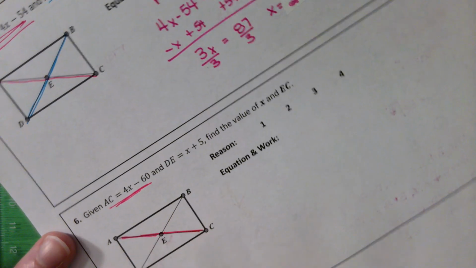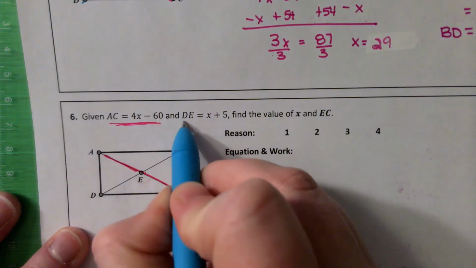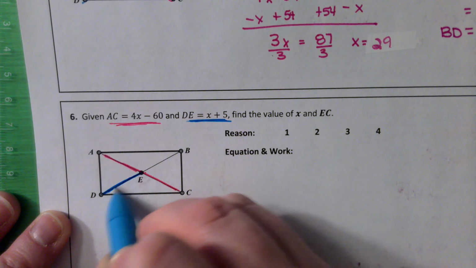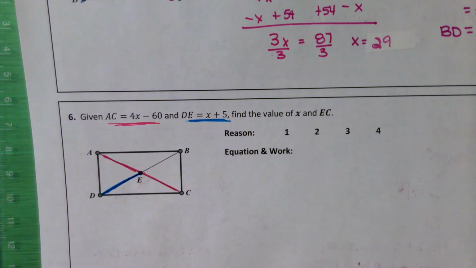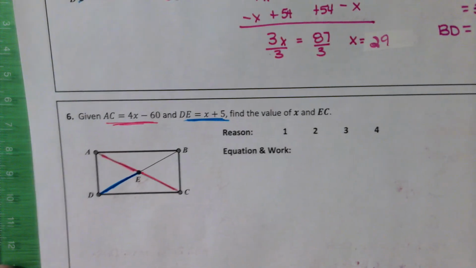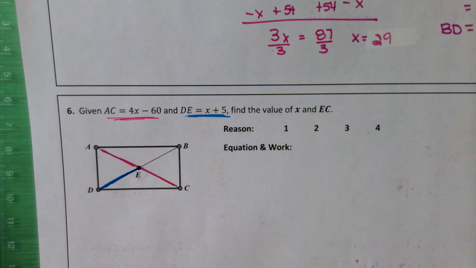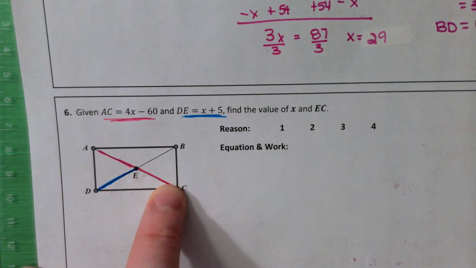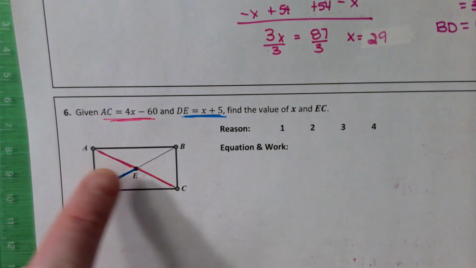And then we have DE here. So since diagonals are congruent in the measurements, if I cut AC in half, EC would be equal to the measurement of AE.